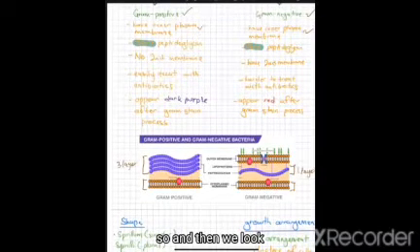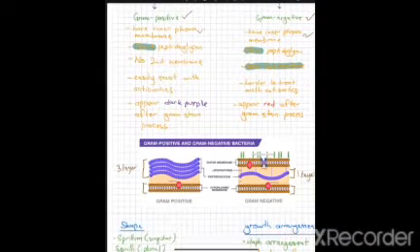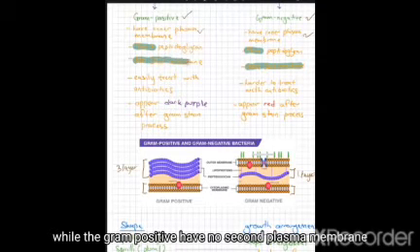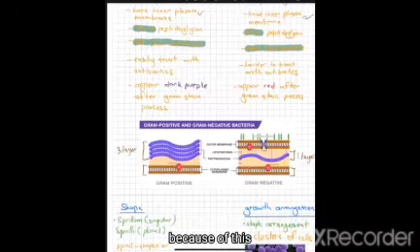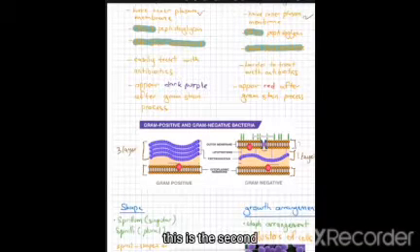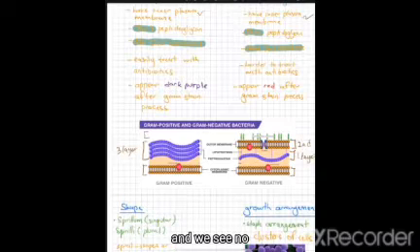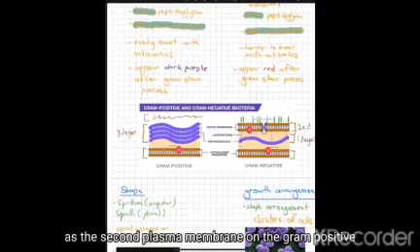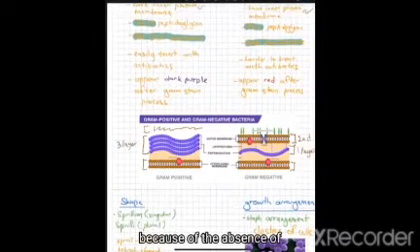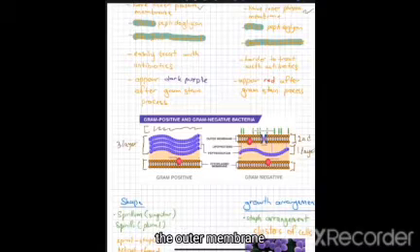And then we look, the gram negative have a second plasma membrane, while the gram positive have no second plasma membrane. We see there is no such thing as the second plasma membrane on the gram positive, because of the absence of the outer membrane.